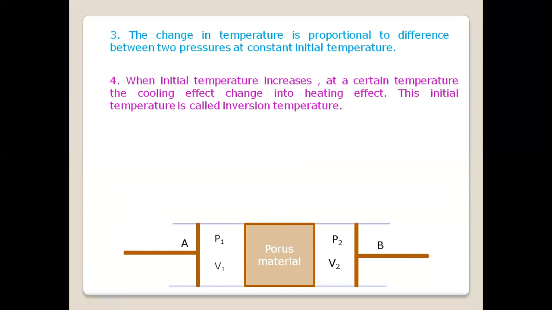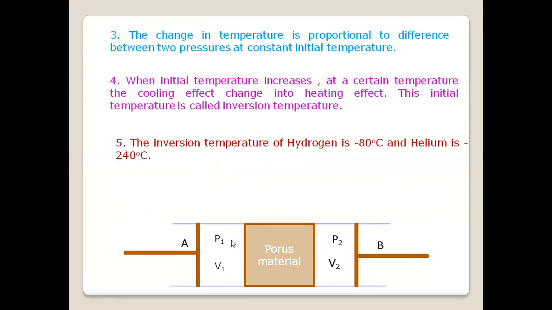If the initial temperature of the gas is small, the cooling effect is more. As the temperature of the gas in compartment 1 increases, at one particular temperature the gas shows a heating effect. This initial temperature is called the inversion temperature.